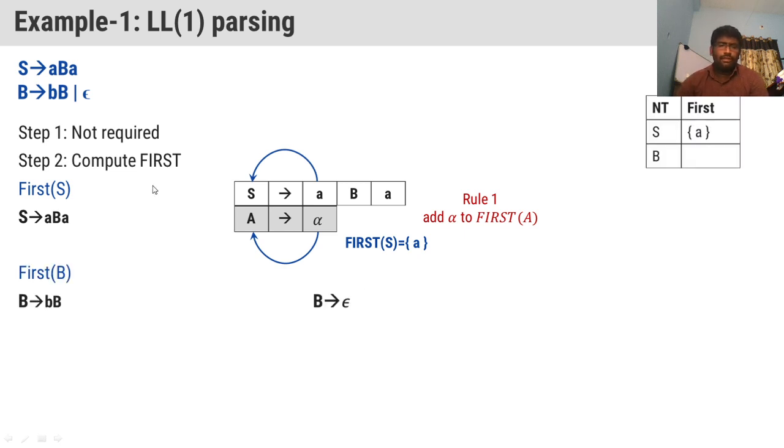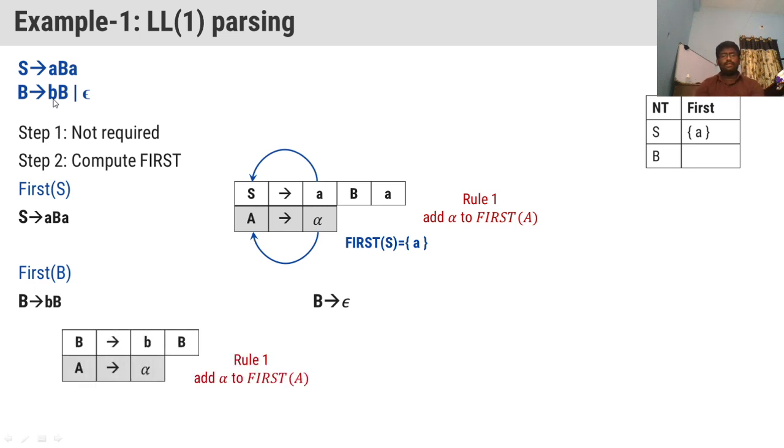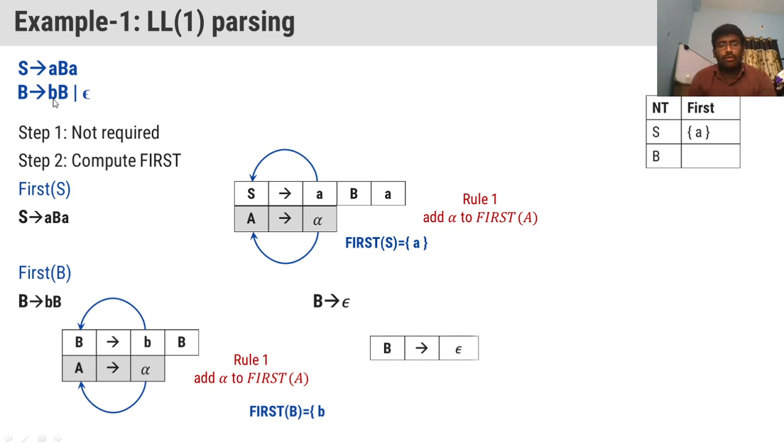Now this is how we are finding the first sets. First set of ABA: first of S equals A. Then first of B equals, what is first of B? The first symbol in the right hand side production is small b, comma epsilon. And if the production is in the form of B implies epsilon, then what happens?